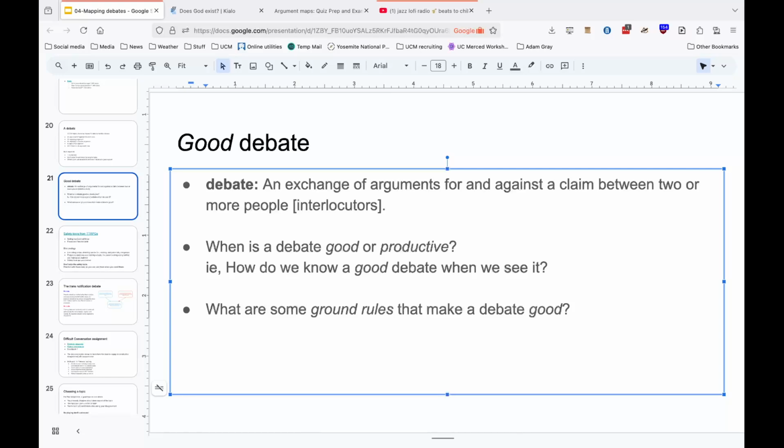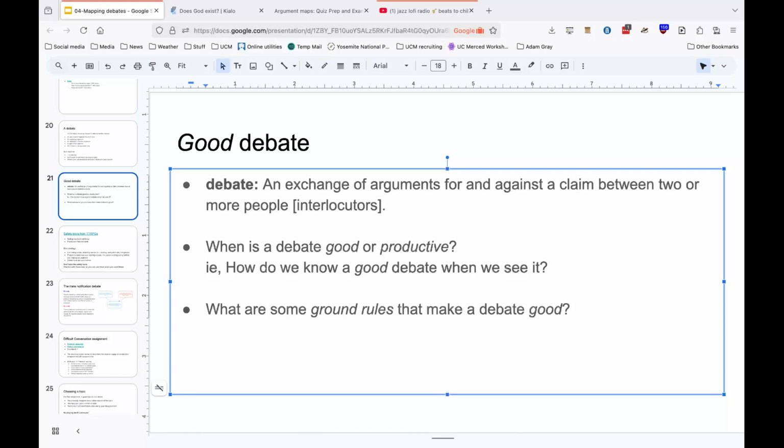When is a debate good or productive? So we sometimes say, this debate was a good debate, this debate was a productive debate. And often we say, this debate was not good. It was dysfunctional, it was toxic, it was unproductive.